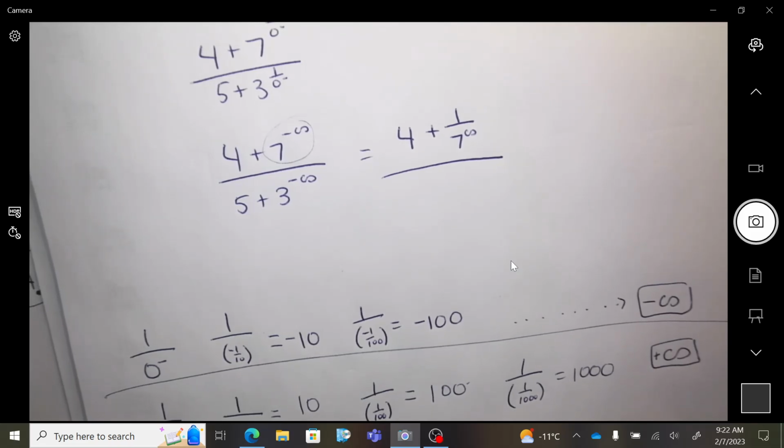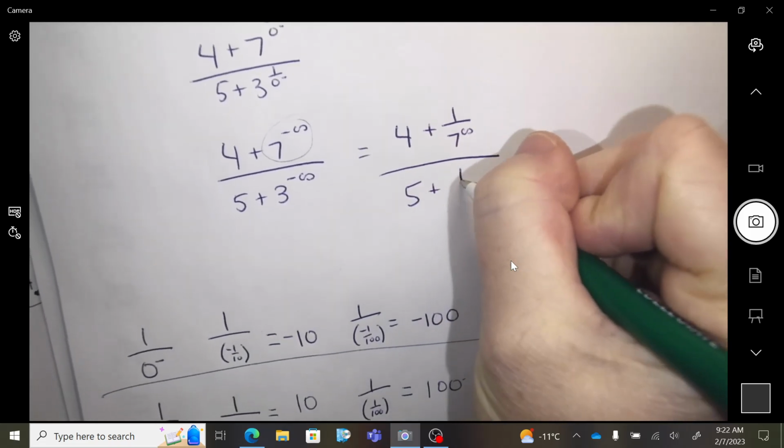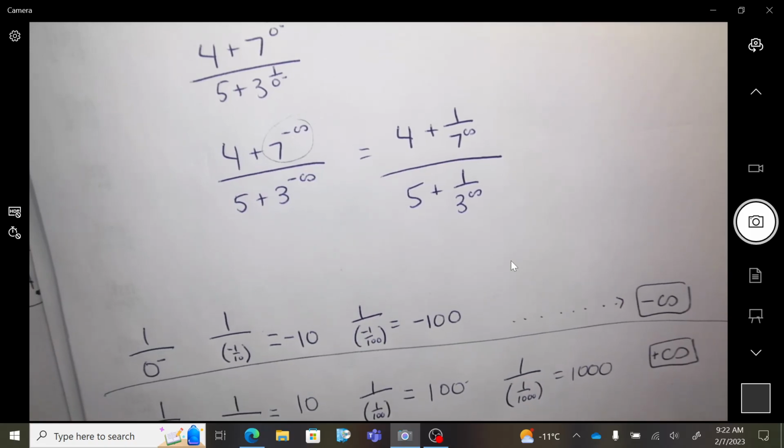Before, we only had a monomial term, so we could do that. Does that make sense to you what I did? Negative exponents, flip.